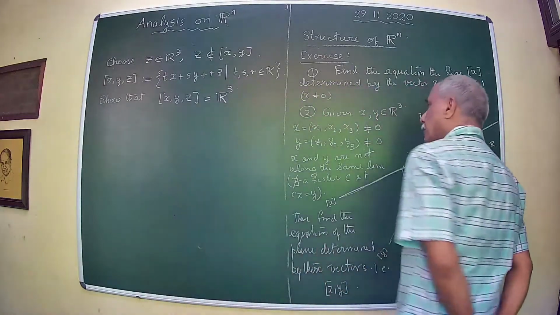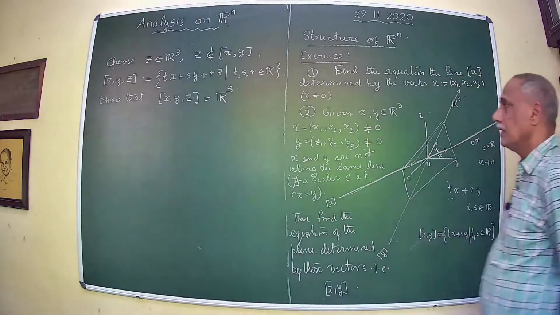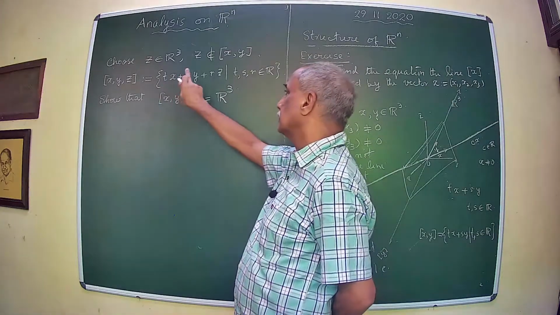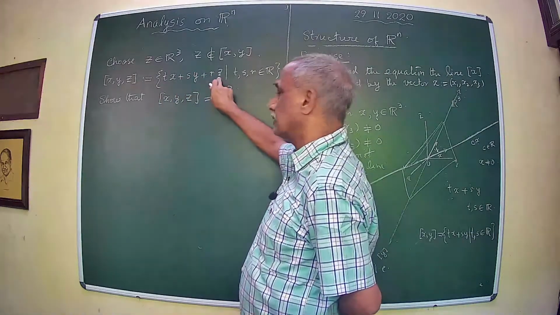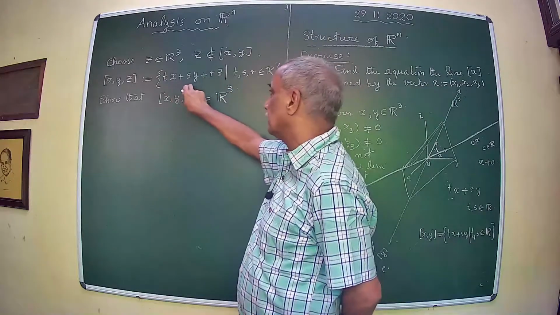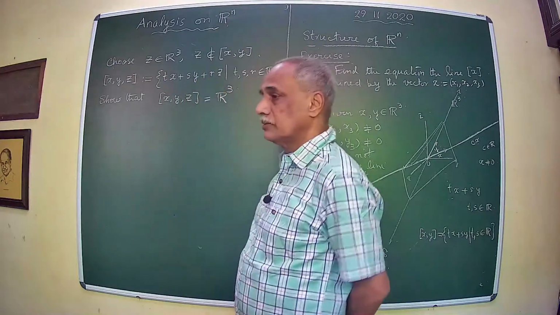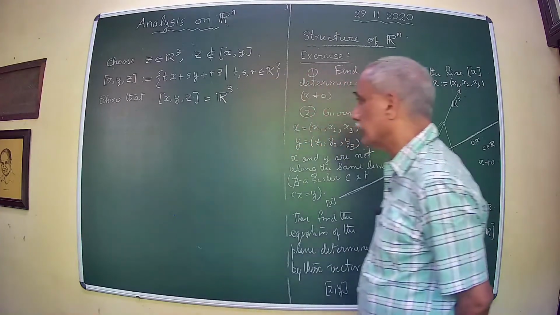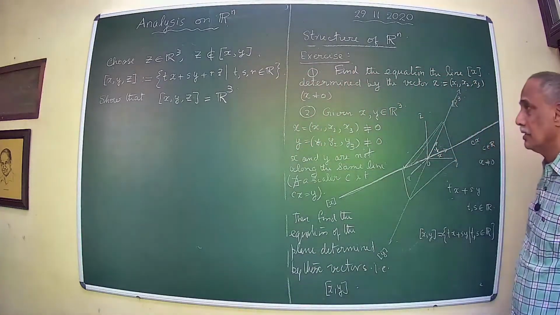Which means every point in R3 can be written as a vector of this type, Tx plus Sy plus Rz, where T, S, R are specifically chosen from the knowledge of the vector that you have.